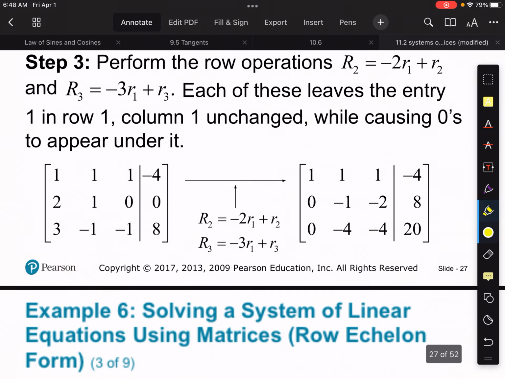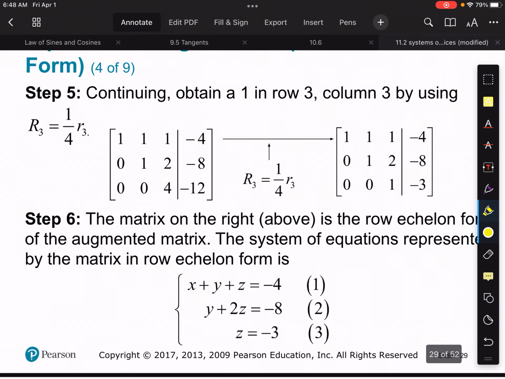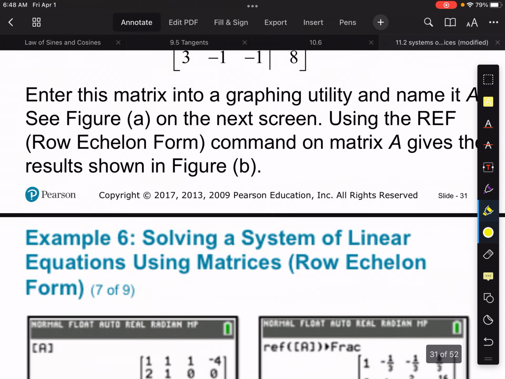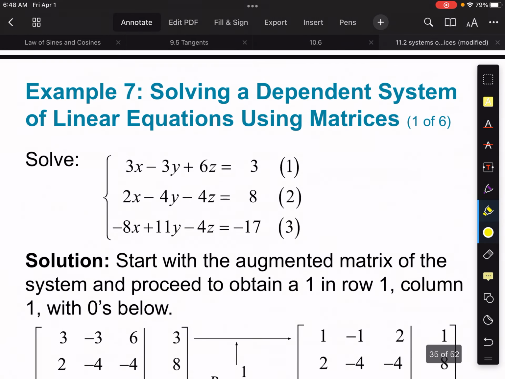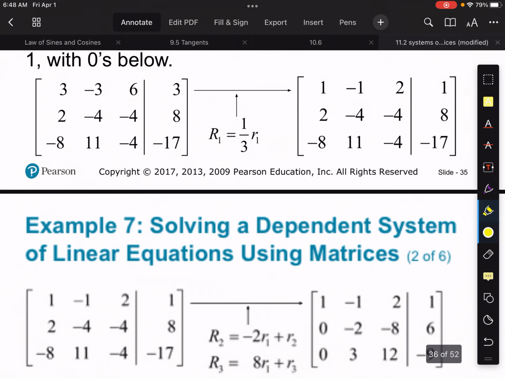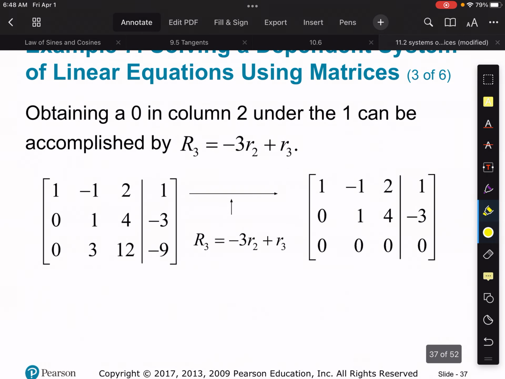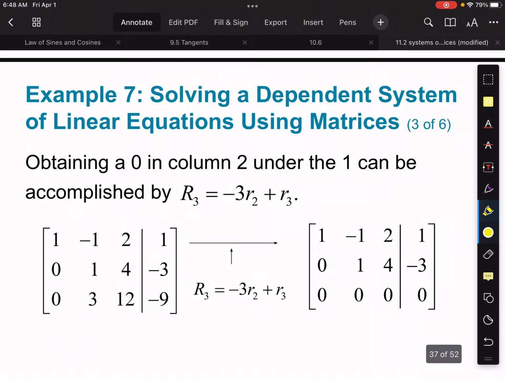And that's it. There's a couple of other things that I would like to talk about in class that I didn't put on your notes. One of those being what happens when you get a row of zeros. If you get a row of zeros like this, that just means that everything got eliminated in one of the rows, right?